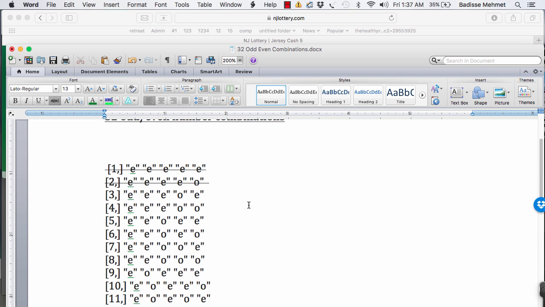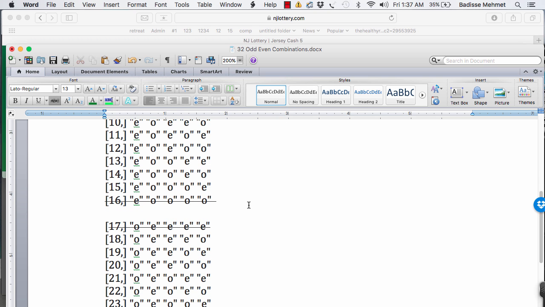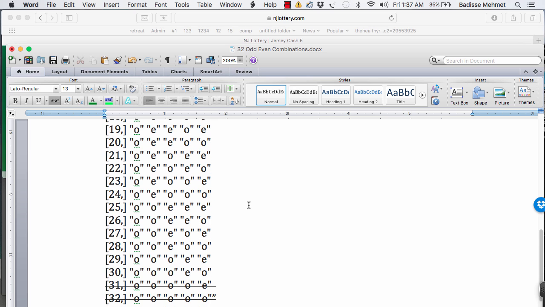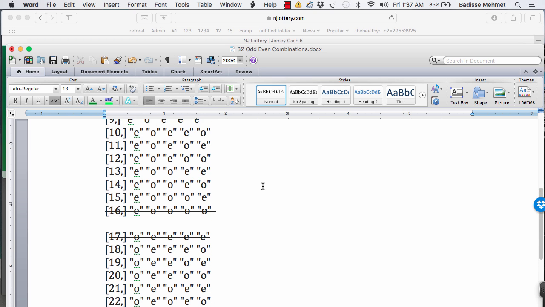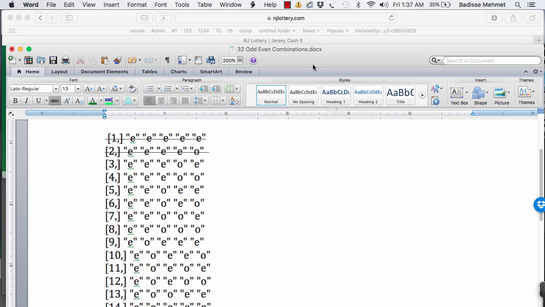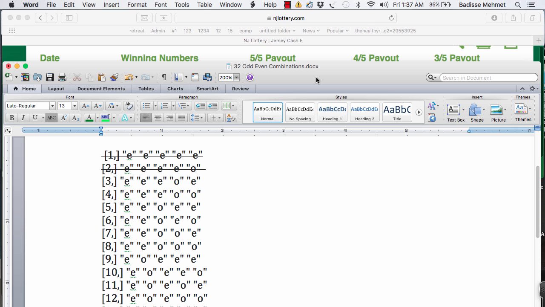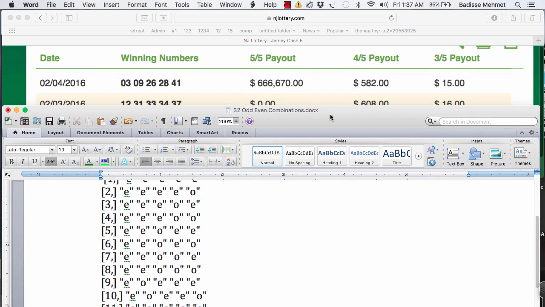You should always start with these, and the more you can eliminate, the more you will know exactly which odd, even foundations you should be choosing numbers in. If you don't work this way, you are not picking lottery numbers correctly, and the chances of you going into the store with a losing number is extremely high.